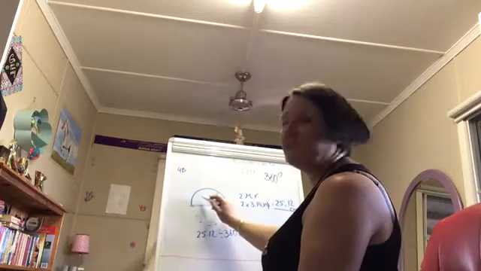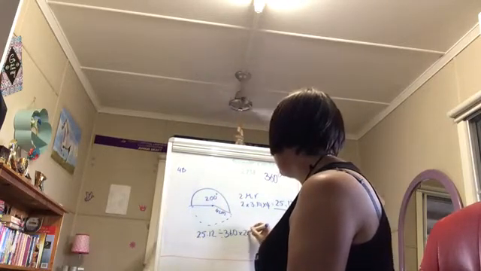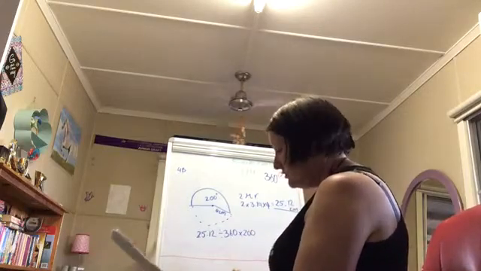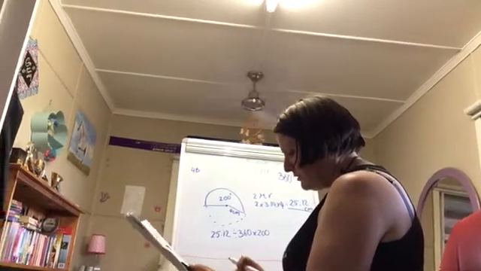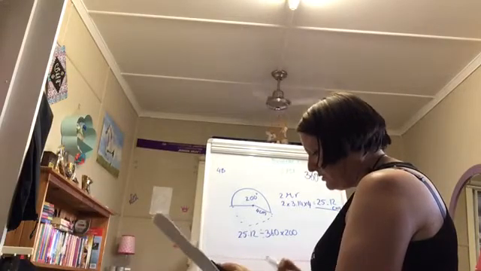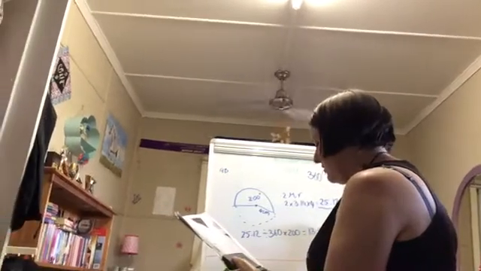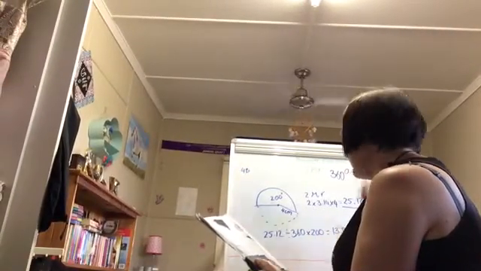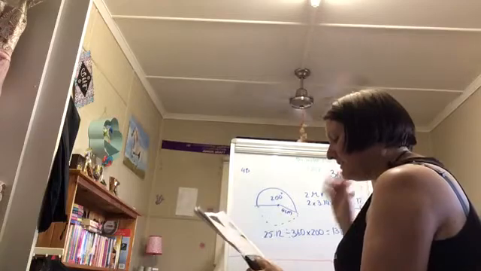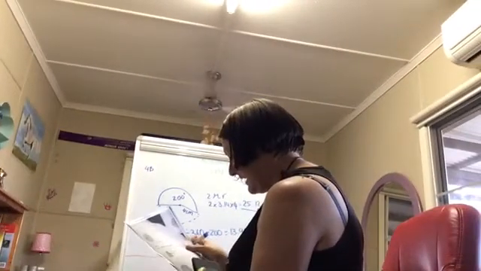But in this one, it wants to find out the perimeter of 200 degrees, so by 200. 25.12 divided by 360 multiplied by 200 equals 13.95, so I'm going to round up to 13.96, and that is centimetres.